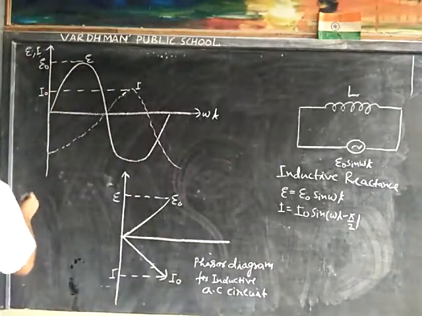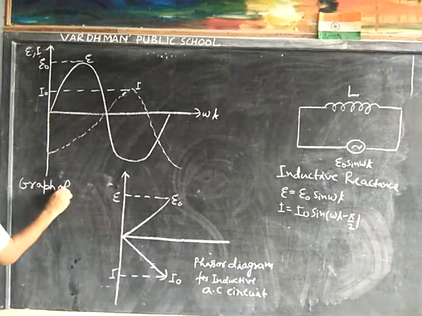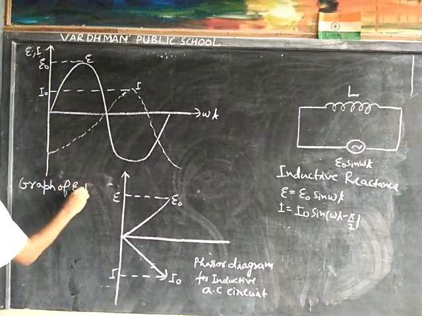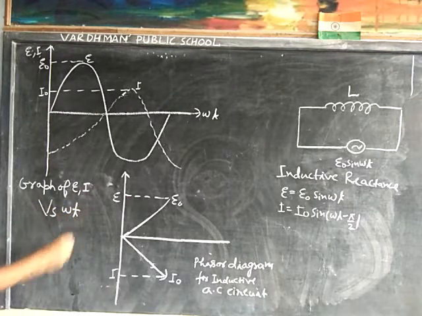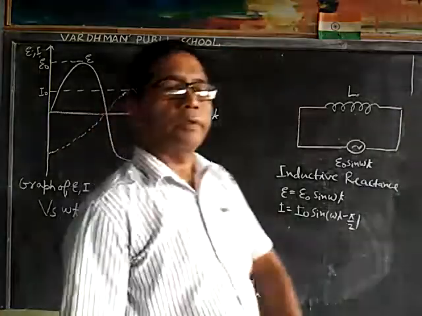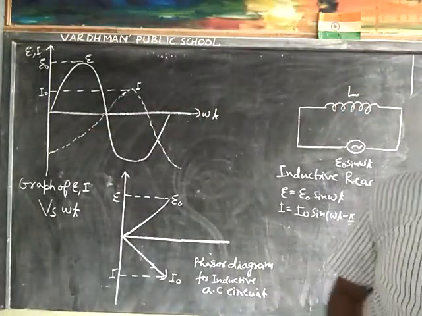Graph of E and I versus omega t. We see I0.